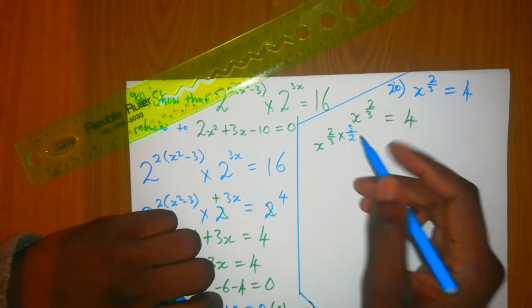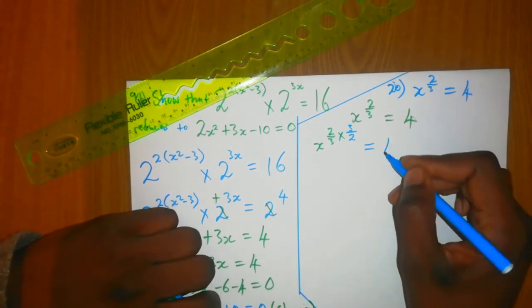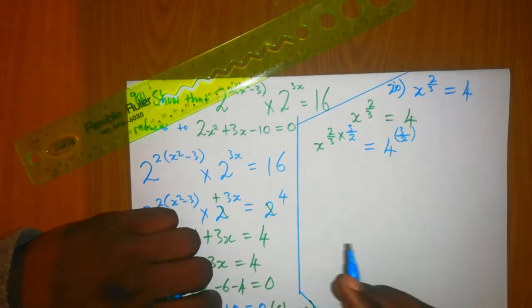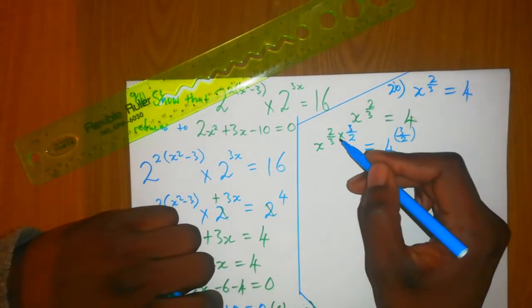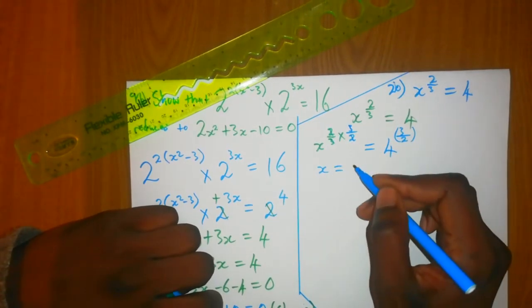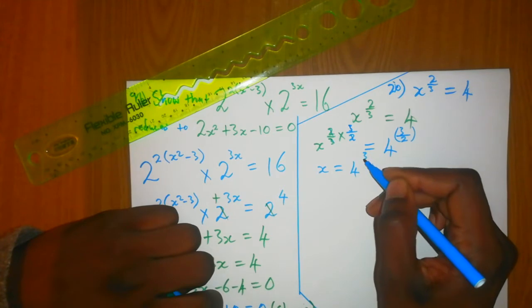What I use on this side is the same that I'm supposed to use on the other side, to the power 3/2. Now these are going to cancel out. I'm now left with x is equal to 4 to the power 3/2.